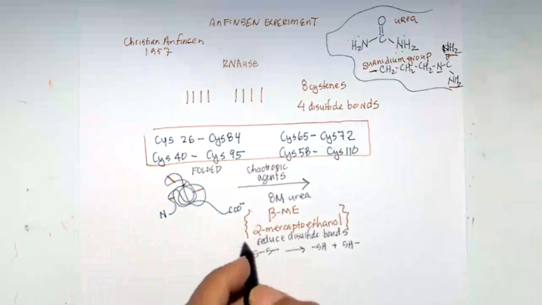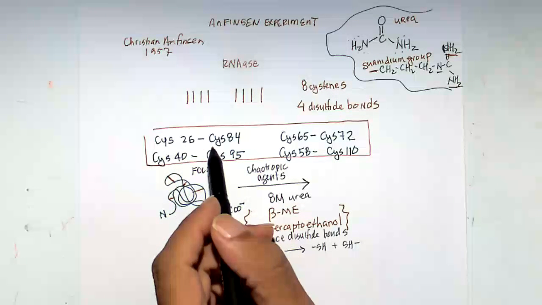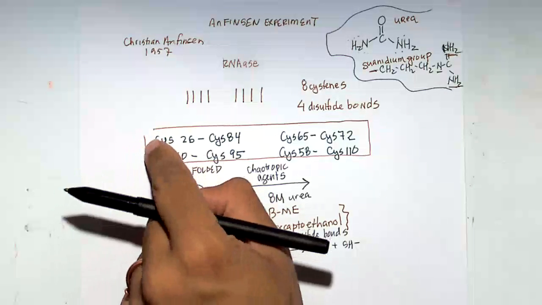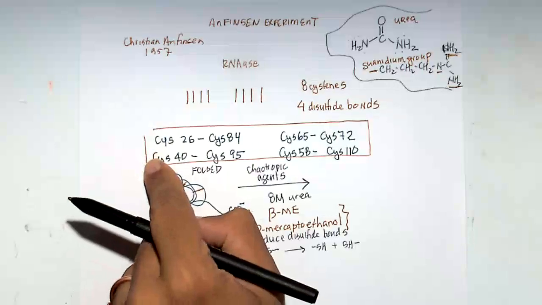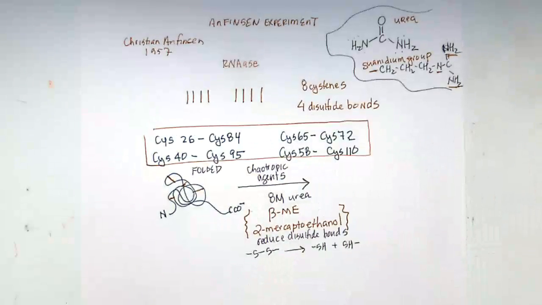So the 8 molar urea is going to denature the protein. The 2-mercaptoethanol is going to disrupt these disulfide bonds. This disulfide bond will be SH, SH, SH, SH, SH, SH, SH, SH.